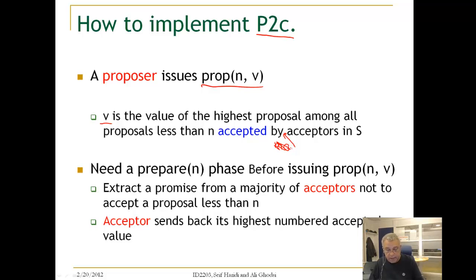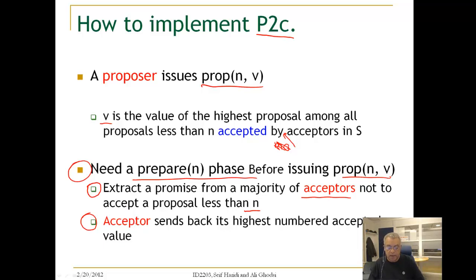The way to do it is that a proposer needs to first go into a prepare phase. We call it the prepare n phase, before issuing the proposal number n with value v. What it has to do is extract a promise from a majority of acceptors not to accept a proposal numbered less than n, and each acceptor sends back its highest numbered accepted value.